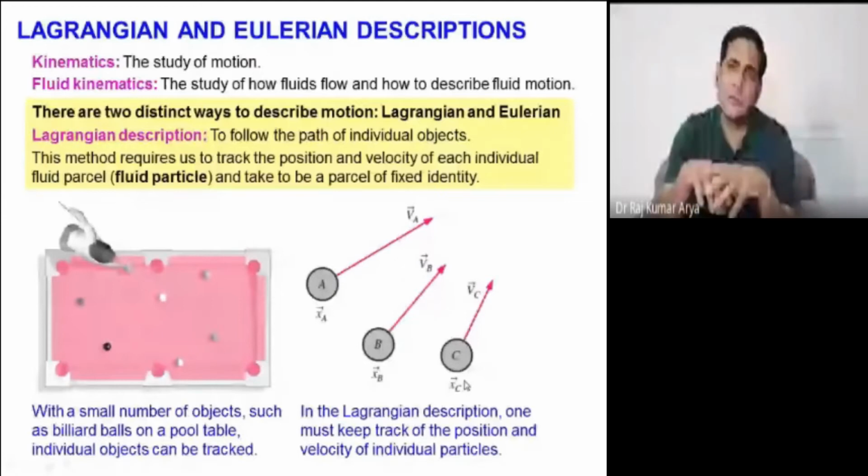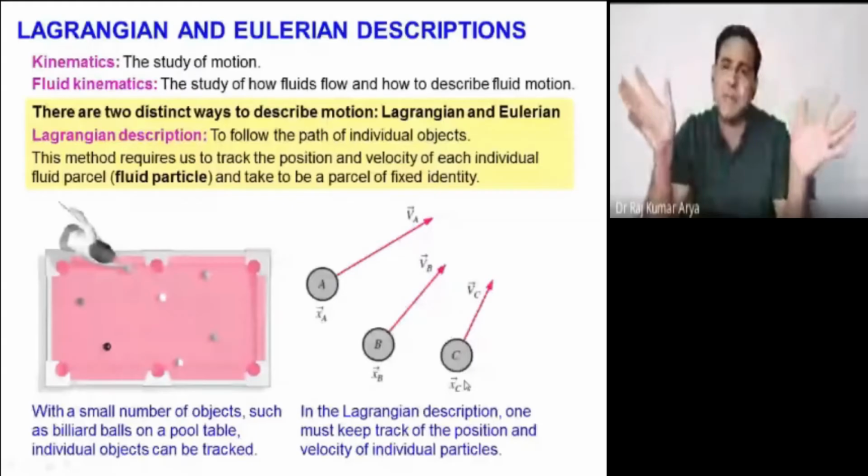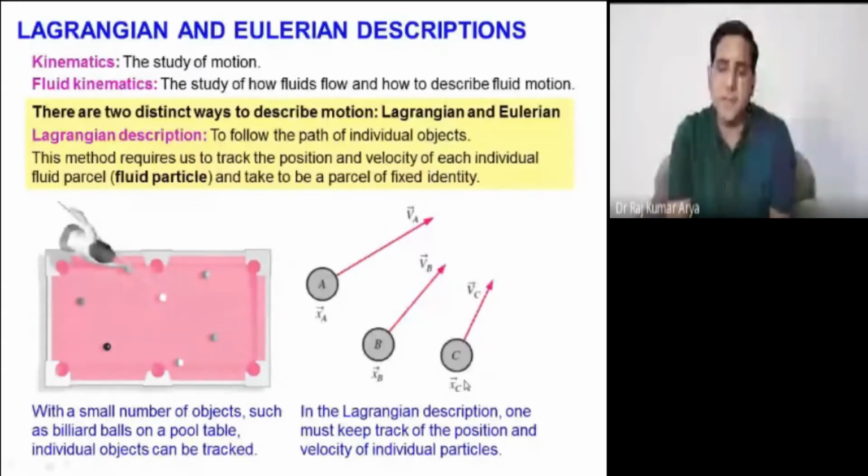Then based on that you can keep on increasing and increasing because a fluid has an enormous number of particles. So in that case, handling these equations and solving them becomes tedious and takes a lot of computational time. So this needs to be done only when you really need it.